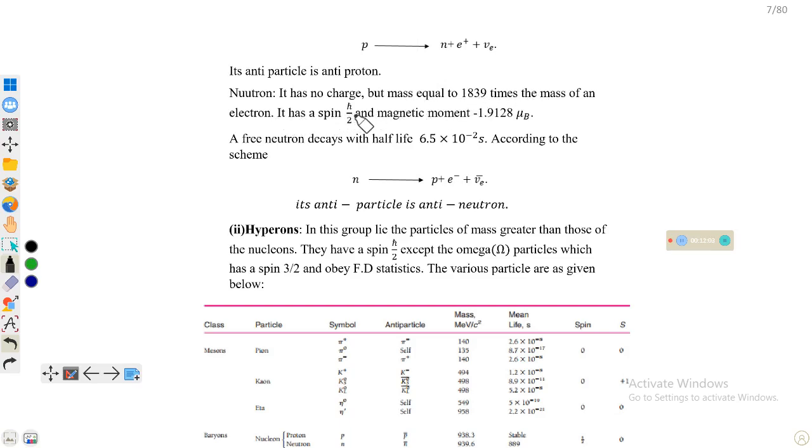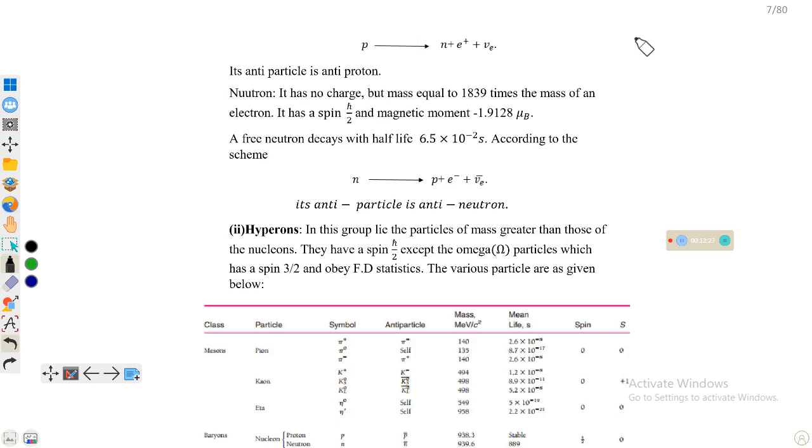Its spin is h/2 and its magnetic moment is minus 1.9 Bohr magnetons. A free neutron is unstable and decays with a half-life according to this equation, converting into a proton and other particles. So these are the types of nucleons.